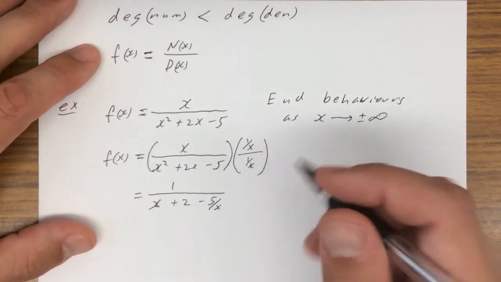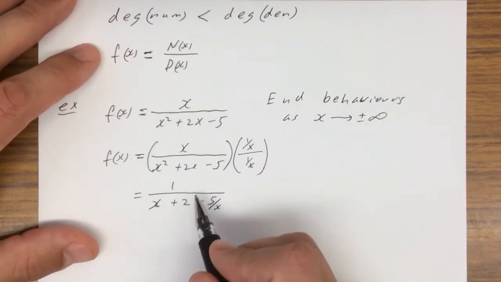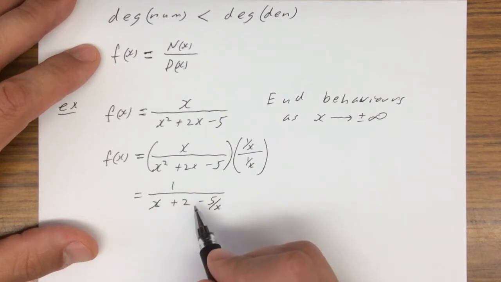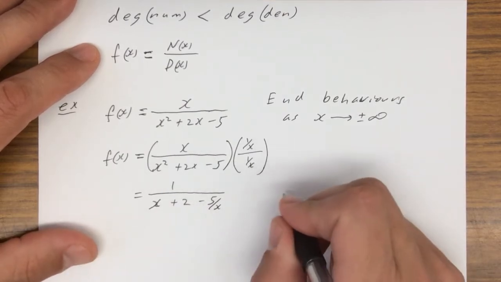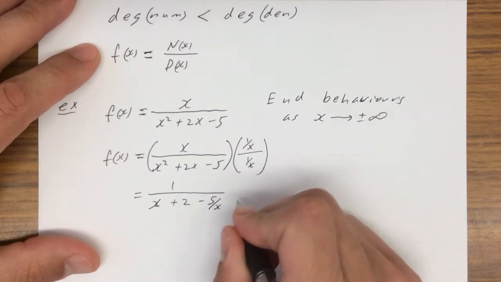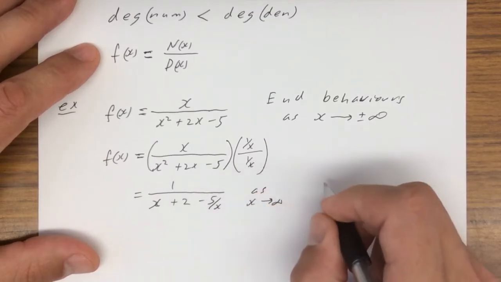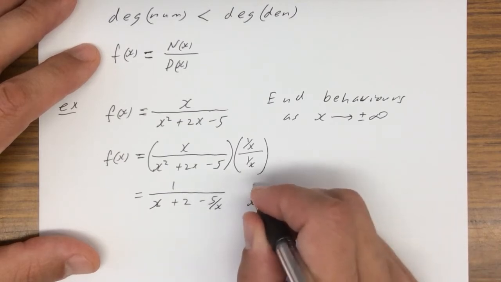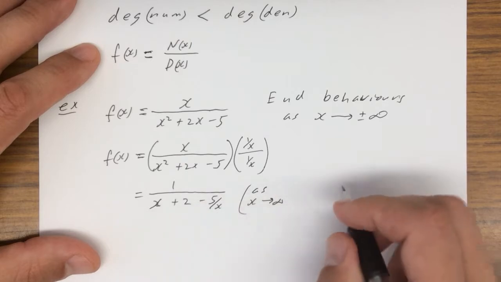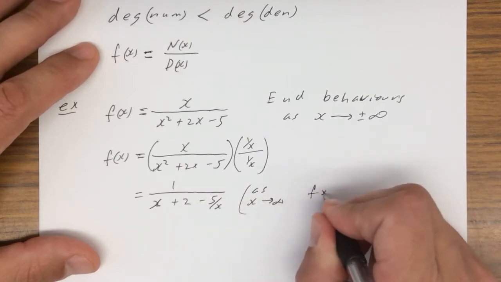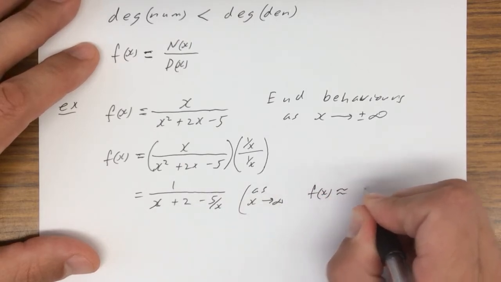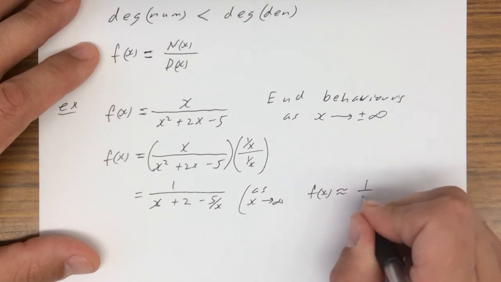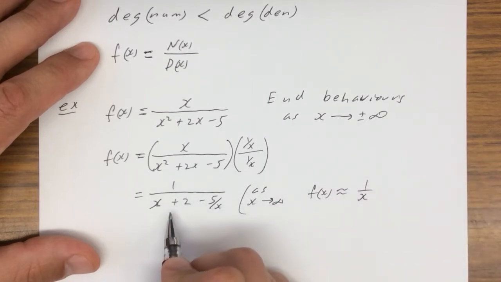So now, how can I look at this when x goes to infinity? As x goes to infinity, f of x is approximately equal to 1 over x. Why?